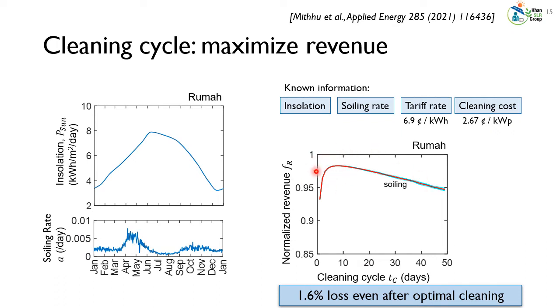But there is a maxima in between where the revenue can be maximized. For example, here it's about 6 to 7 days. And if you can optimally clean the panels, you minimize your loss to 1.6%.